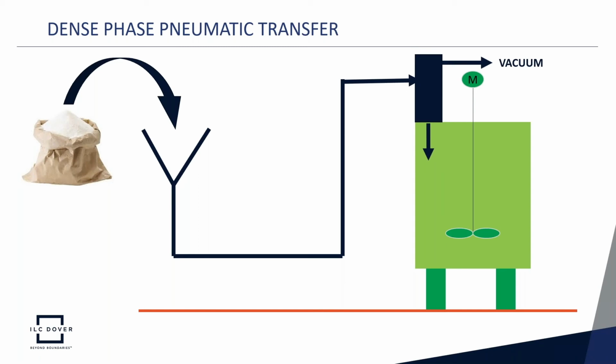The first established technology is pneumatic transfer, that being where gas is used as a transport fluid. This very simple schematic provides a representation of dense phase transfer, one of the two prime methods of pneumatic transfer, and the one most applicable to this application.